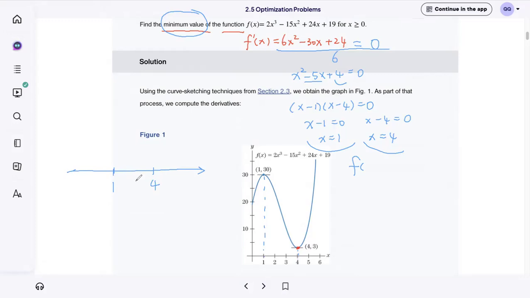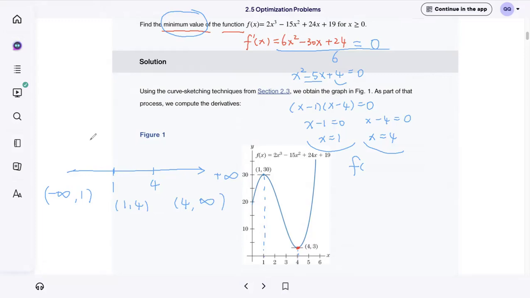These two values split the real number axis into 3 intervals: from negative infinity up to 1, 1 to 4, and 4 up to positive infinity. We want to see what happens in these 3 intervals.